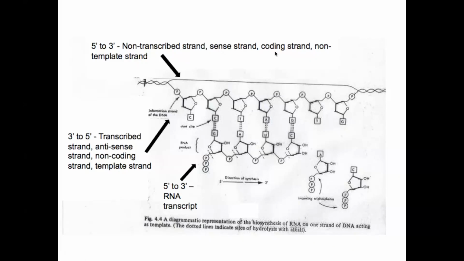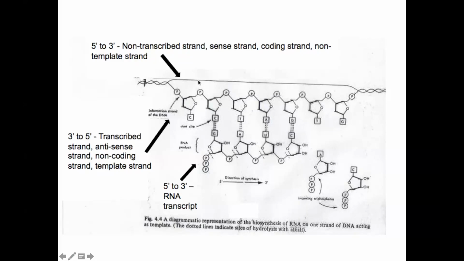Well, simply the idea is that if you look at this, remember the template strand for RNA polymerase is running left to right, 3' to 5'. And the RNA transcript that's being produced is being produced left to right in a 5' to 3' direction. So that's the exact same direction as the non-template strand.